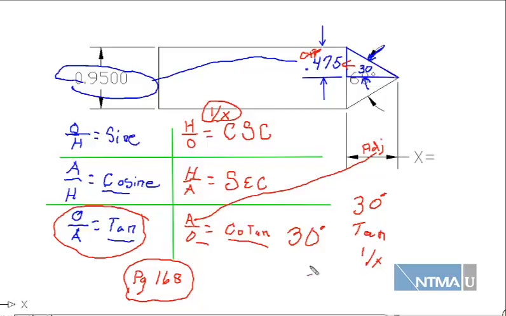All right, so anyhow, let's move forward here. So we plugged in 30. We hit tangent, and then we hit the 1/x key. When you do that, you're going to get 1.732. All right, so what does that mean? Put that over here: 1.732.